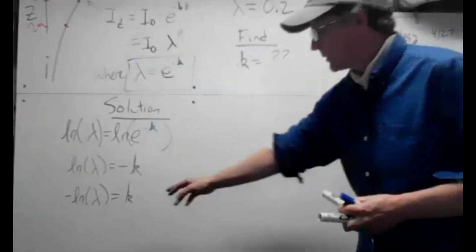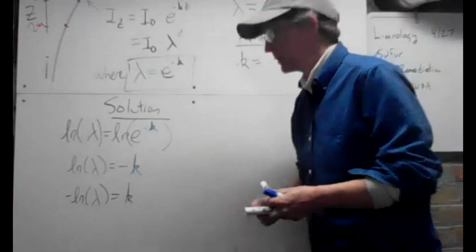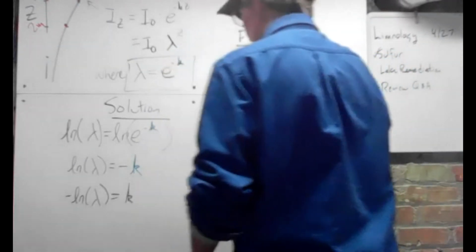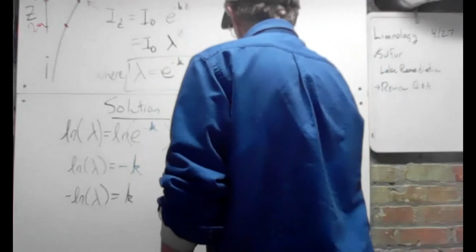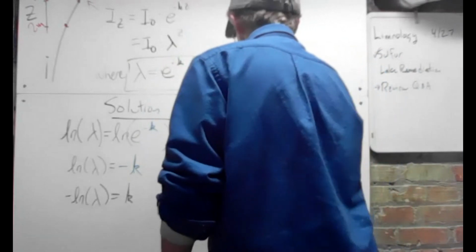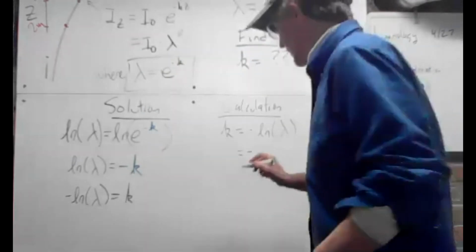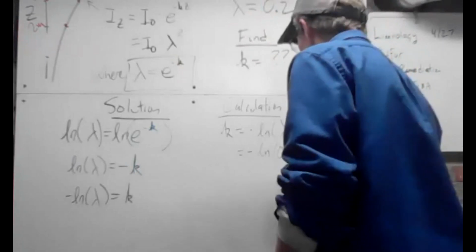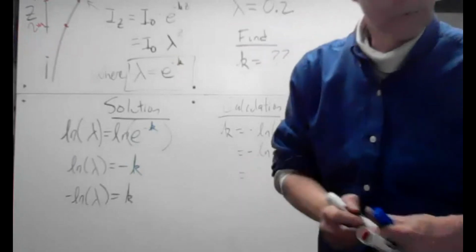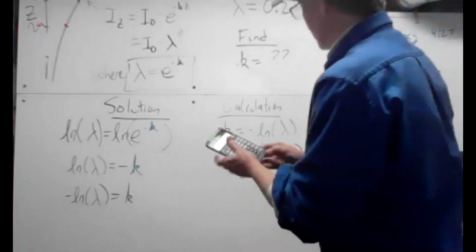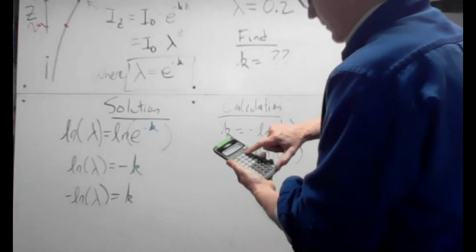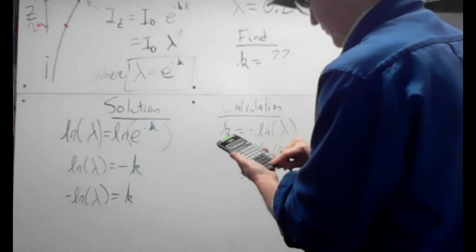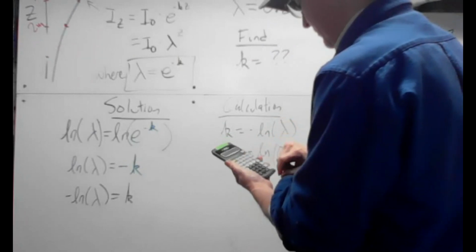So that's my solution, because there's my formula. And now all I have to do is plug in the numbers. k is equal to negative natural logarithm of lambda. k is equal to negative natural logarithm of 0.2.